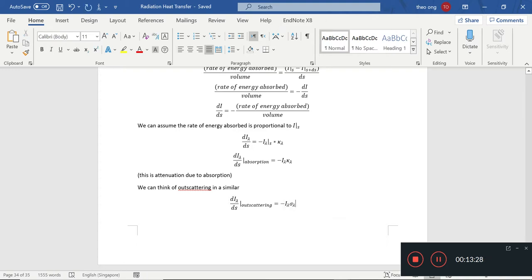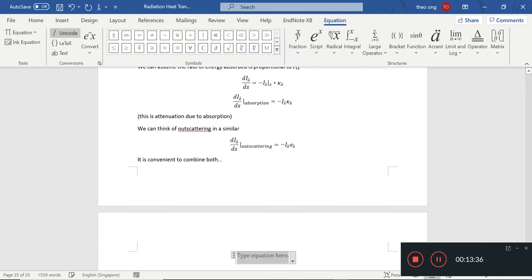Now sometimes it is convenient to combine both. So sometimes it's convenient to combine both dI lambda over ds, and we call it extinction. This is the combination of both scattering and absorption.